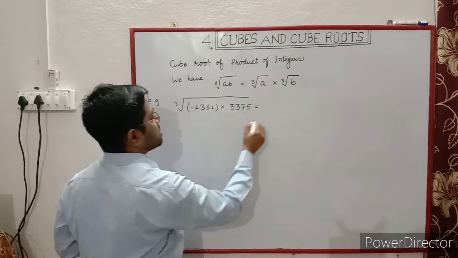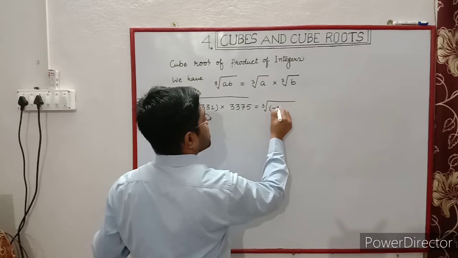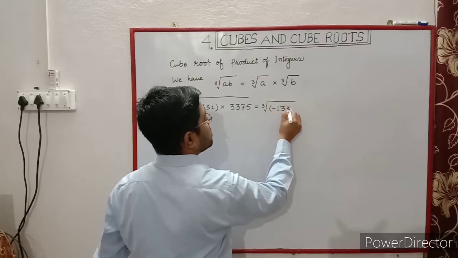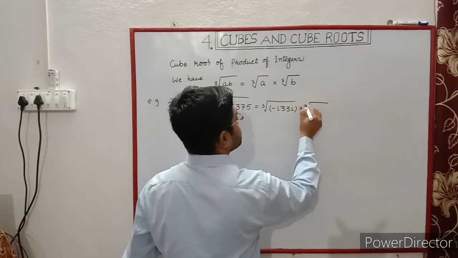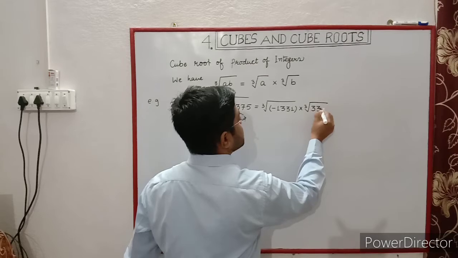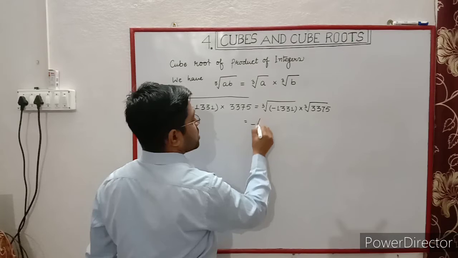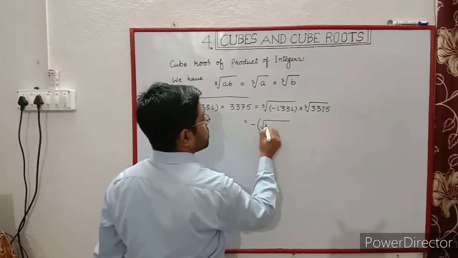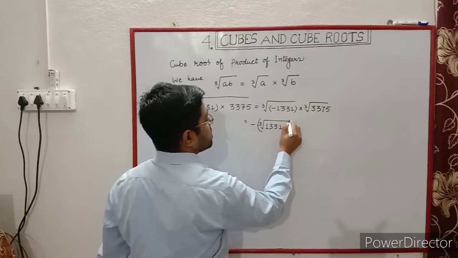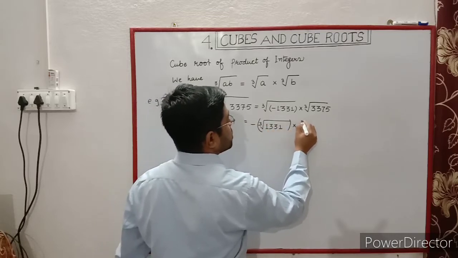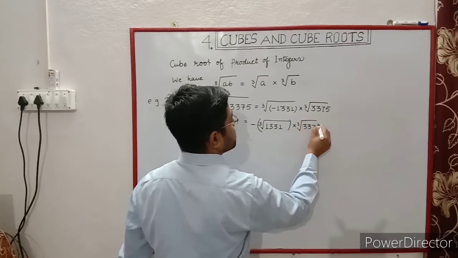We can write here cube root of minus 1331 is multiplied by cube root of 3375. Again we can write here minus cube root of 1331 is multiplied by cube root of 3375.